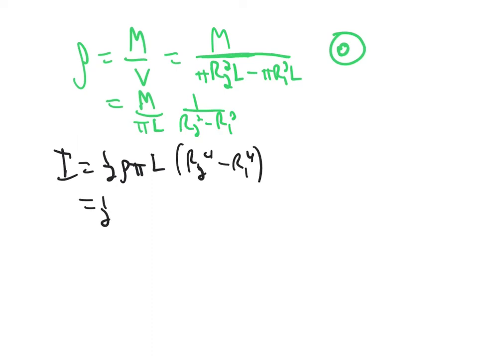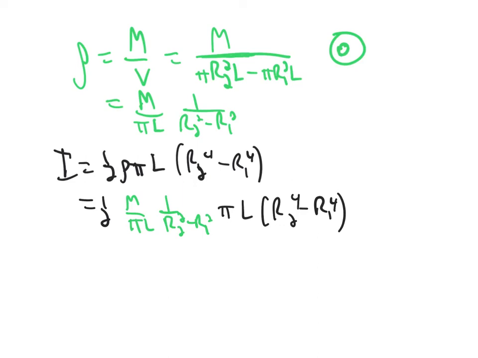We can now put in here and change rho to being m over pi L times 1 over the difference of their squares, times pi times L times the difference of their 4ths. And then some cancellation happens. That's nice.